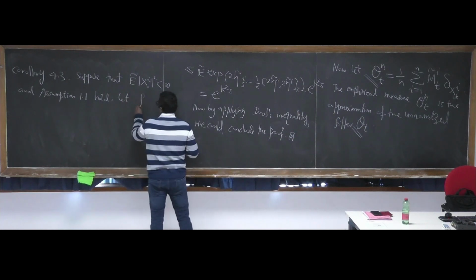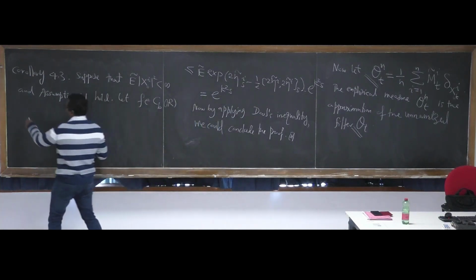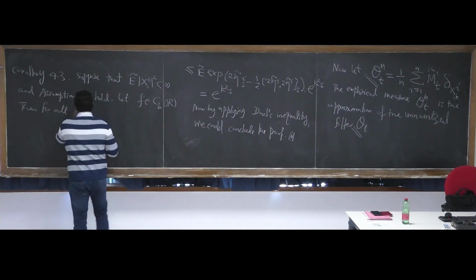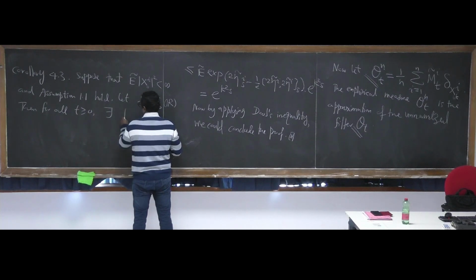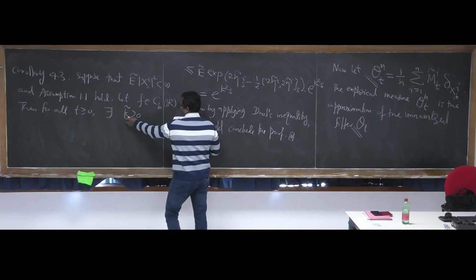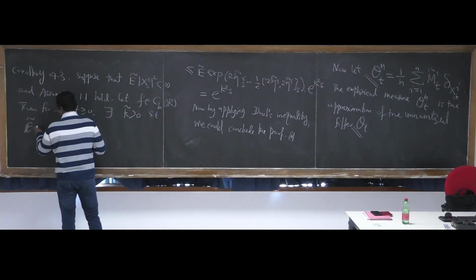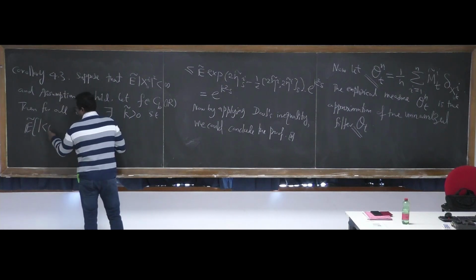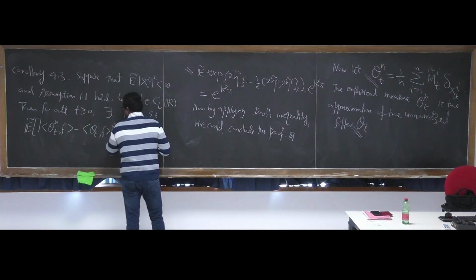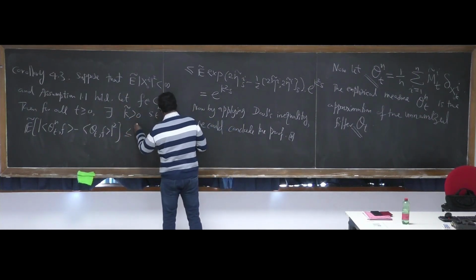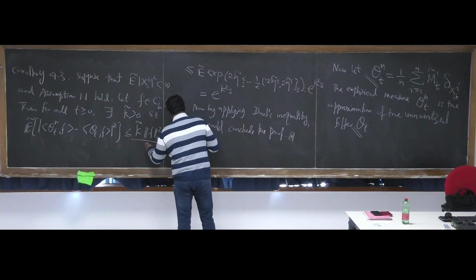Let f be a bounded continuous function. Then for all non-negative t, there exists a positive k tilde such that the expectation of this error is bounded by k tilde times the supremum norm squared of f over n.